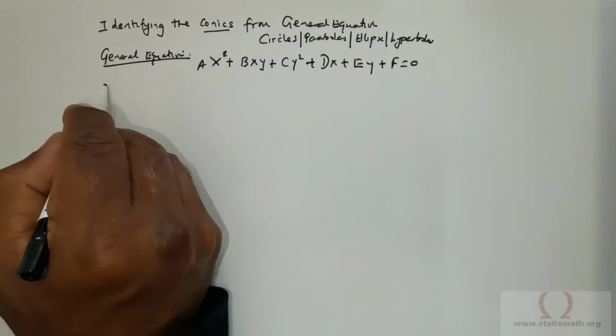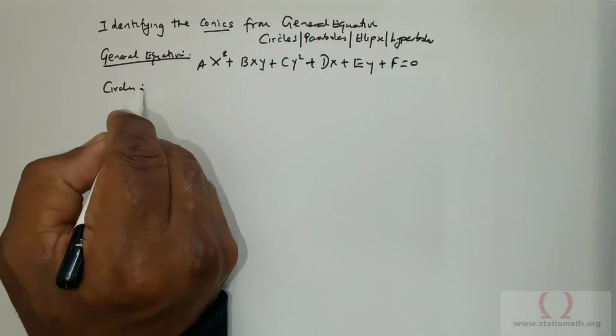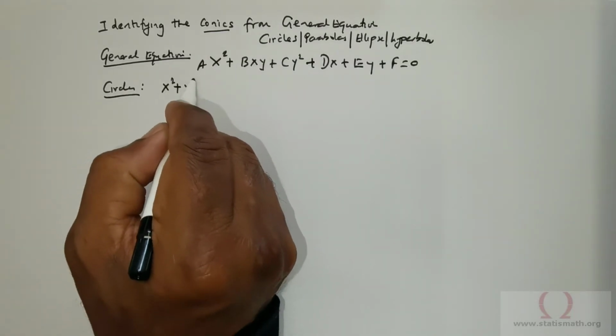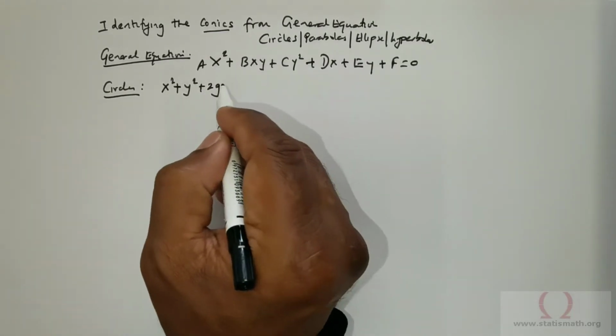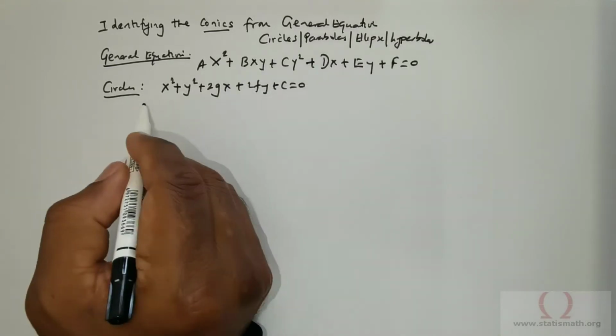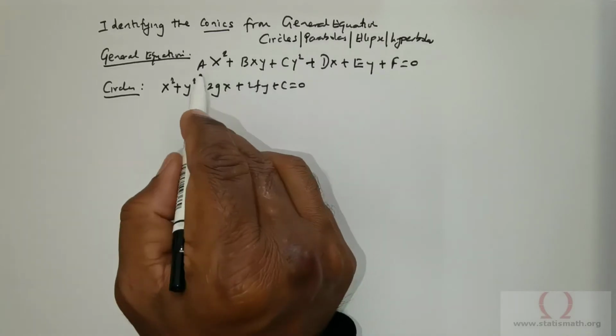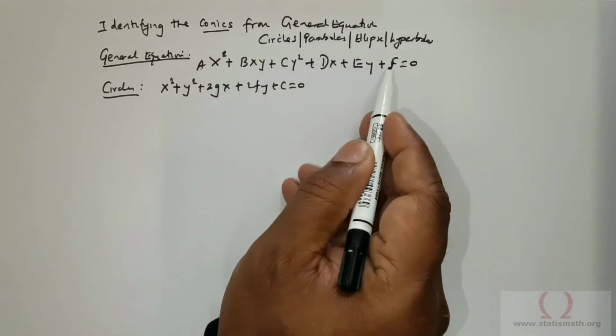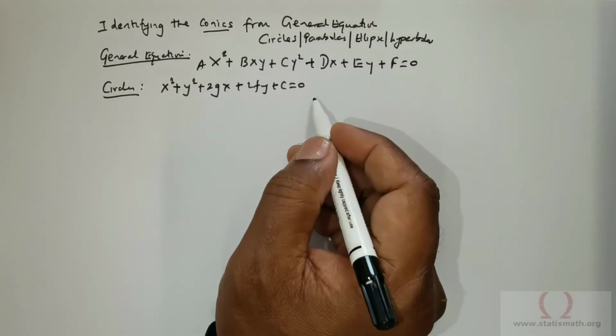Of course, when we studied the circles, we were given the equation of the circle of the form x squared + y squared + 2gx + 2fy + c = 0. This occurs because of the values that a, b, c, d, e, f are assigned.